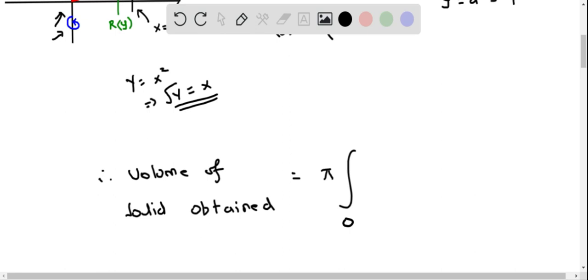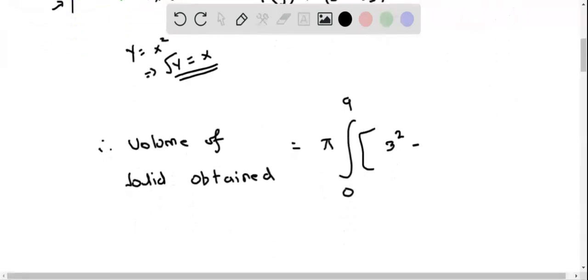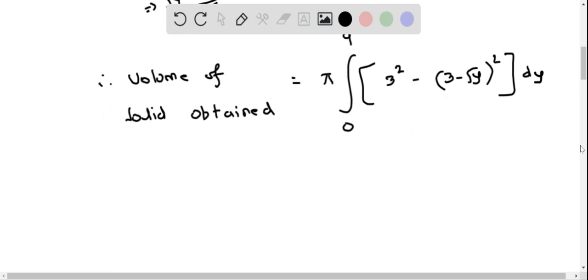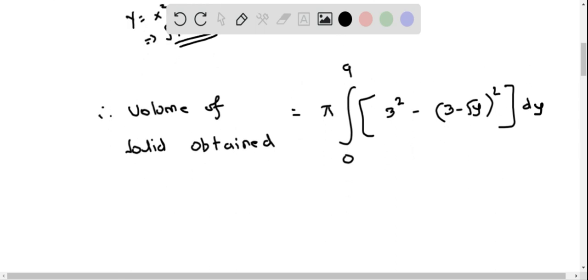So I put 0 and 9, times the big R of y quantity squared, which is 3 squared, minus the small r of y, which is 3 minus root y, quantity squared. So I put 3 minus root y. This has to be quantity squared. And then we put dy. So let's simplify this and evaluate this definite integral.